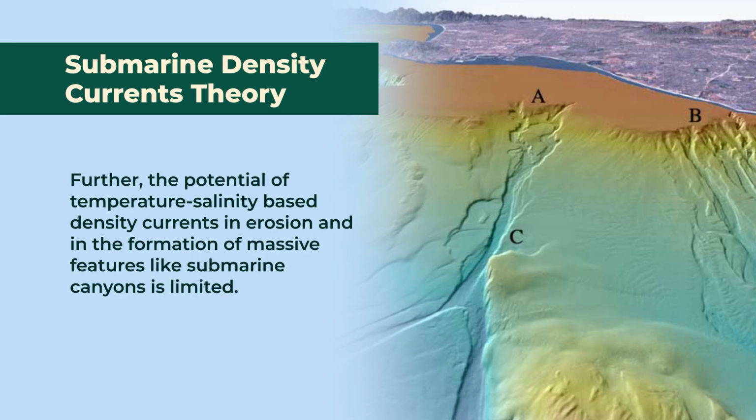Further, the potential of temperature salinity based density currents in erosion and in the formation of massive features like submarine canyons is limited. So on these grounds, this theory was rejected by majority scholars.